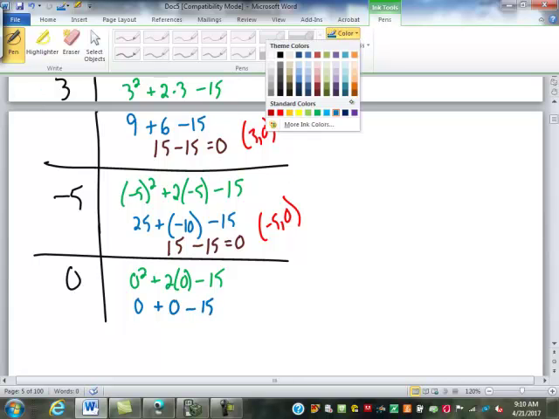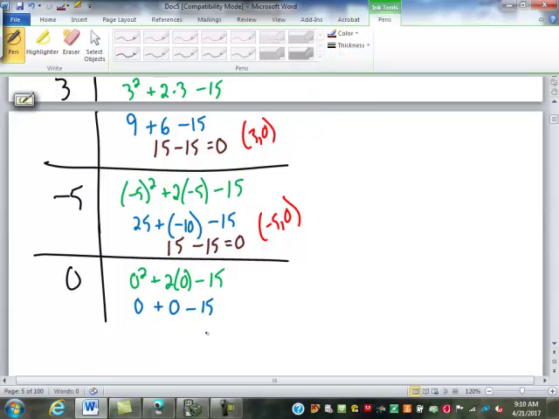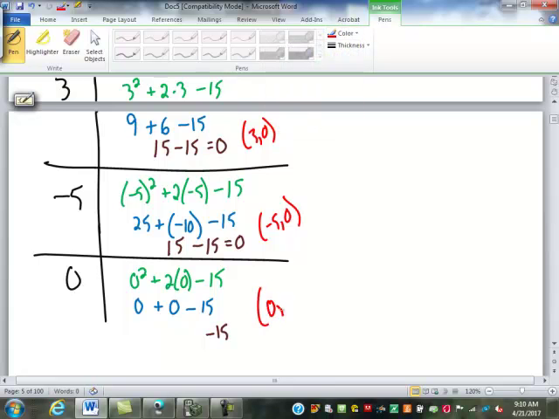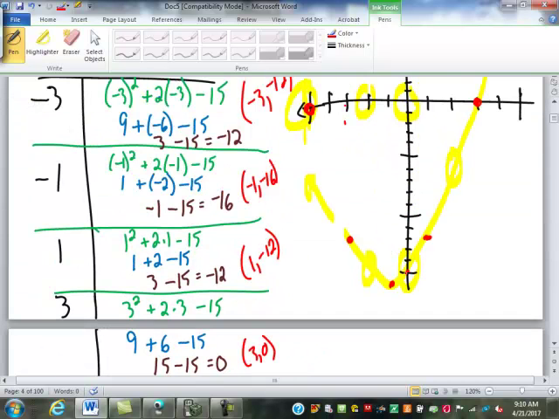So we've got 0 minus 15 is just going to be a negative 15. So our ordered pair here is 0, negative 15. So that's right in here. For the sake of time, if I put in negative 2 for x, I would also get negative 15. So I get a point right there.